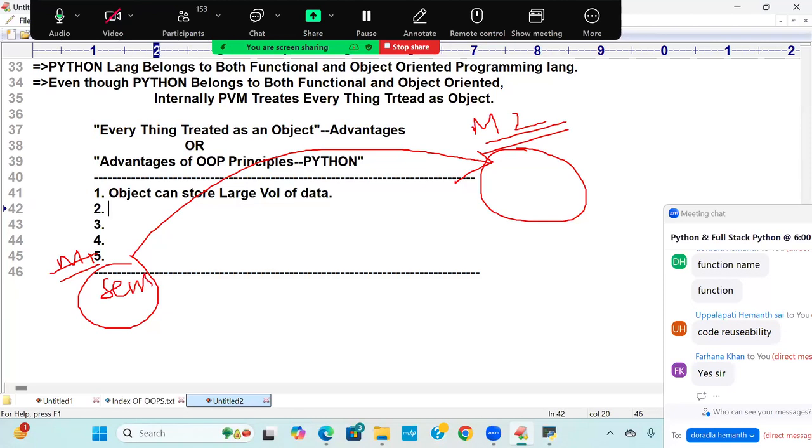Sensitive data means what? The secrecy of the data, like OTPs, your credit card and debit card numbers with the CVV number, your captcha codes. These are all sensitive information.